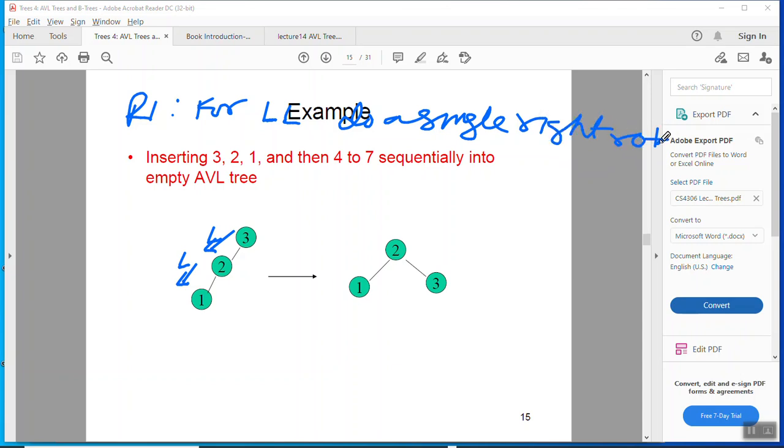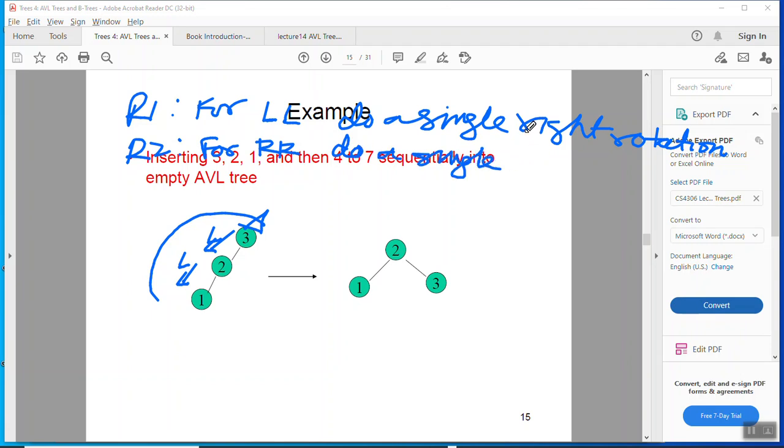So we did a single right rotation and we got this one, right? Now the rule 2, we learned that for right, do a single left rotation.